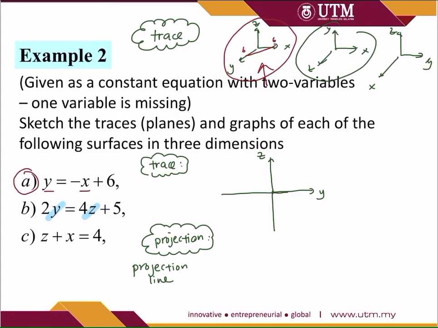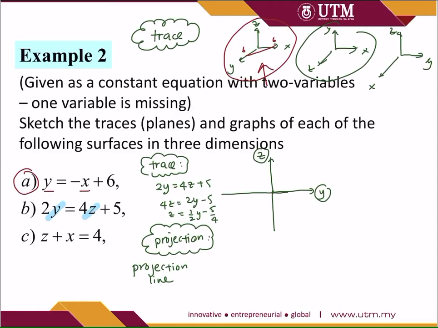So we have 2y. Let's say in this case if the z here, y here, meaning that we need to rearrange this to y equal to 4z plus 5. So make it z equal to what? 4z equal to 2y minus 5, sorry, the other way around, therefore z equal to 1 over 2y minus 5 over 4.